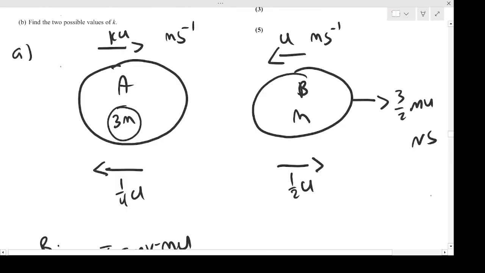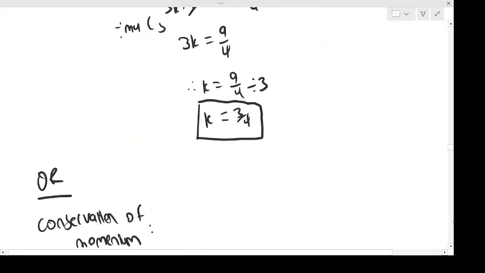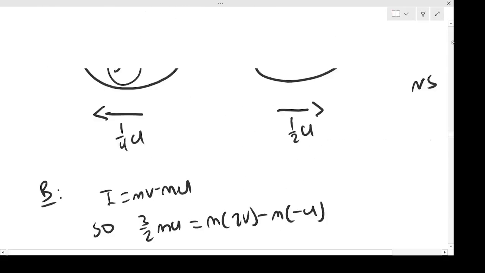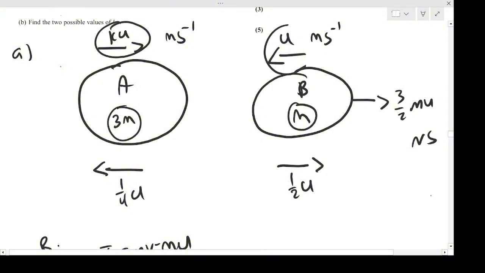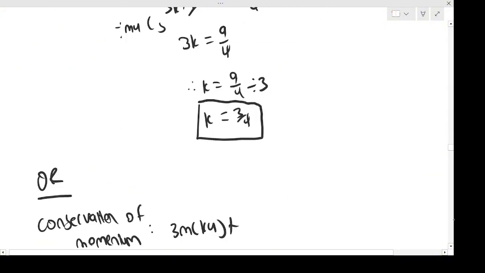So for the conservation of momentum, it's 3m lots of ku for A, and then for B, it's m lots of minus u, because that's going in the negative direction.